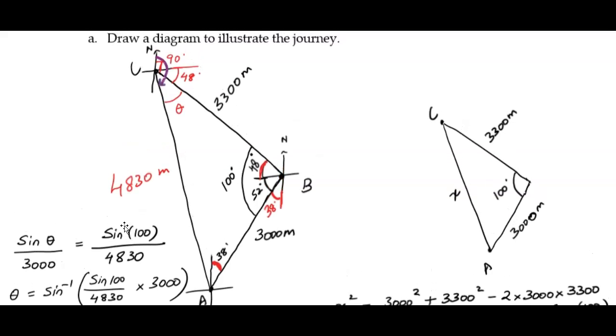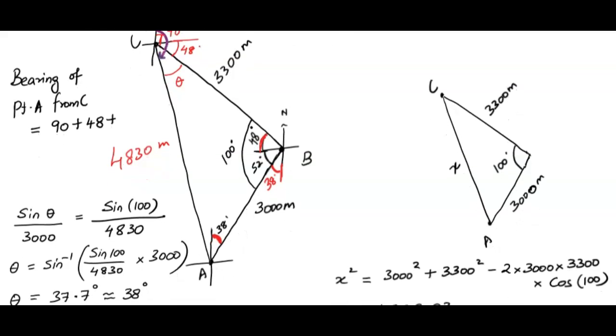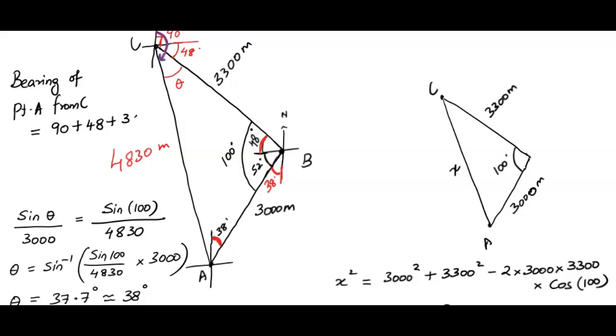So if I quickly go back to this working out, I can see that the bearing we need to travel, the bearing of point A from C, is simply going to be equal to 90 plus 48 plus the 38 degrees which we've just worked out.